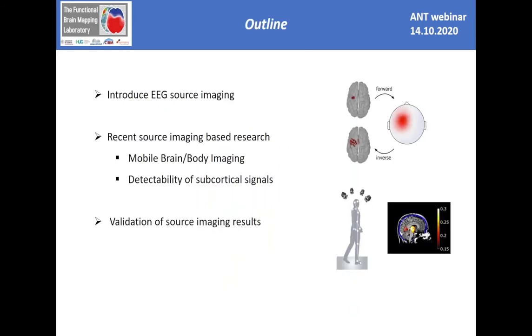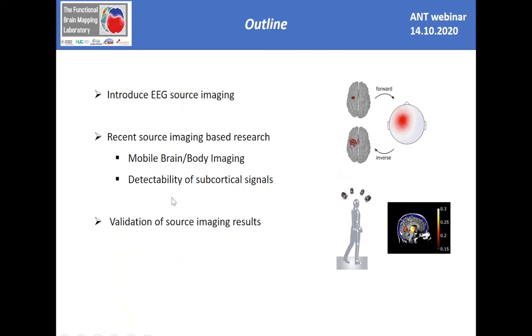First, I'm going to introduce EEG source imaging methods. And afterwards, I will show two recent research examples where we used EEG source imaging technology for mobile body brain imaging. And we're also going to talk about the feasibility or the detectability of subcortical signals using non-invasive high-density EEG.